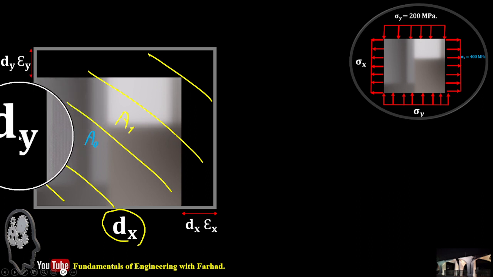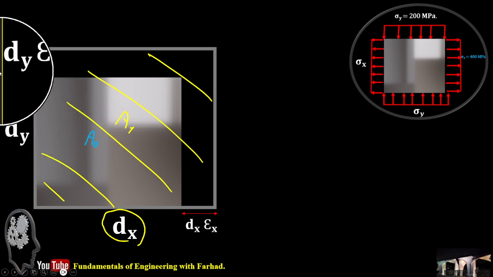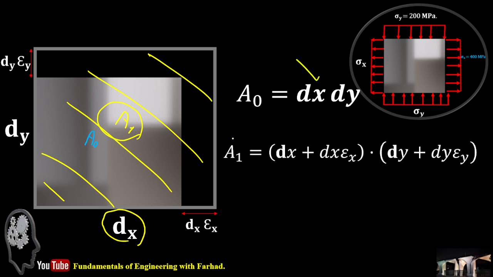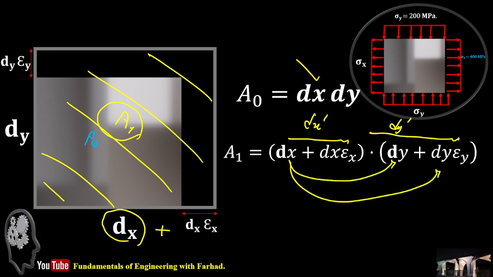Likewise, in the y direction, dy changes to dy times epsilon y, which gives us a new area. A naught is dx times dy. A1 is dx plus this one, our new x prime times y prime, dx prime times dy prime. And if you do the math, it gives you this one times this one, this one times this one.